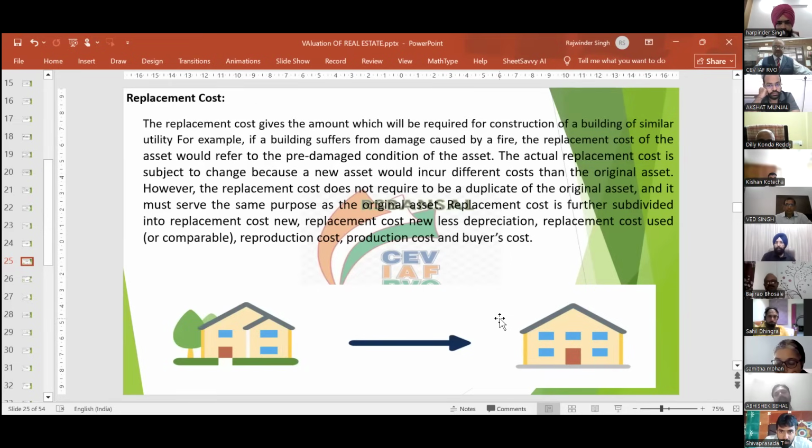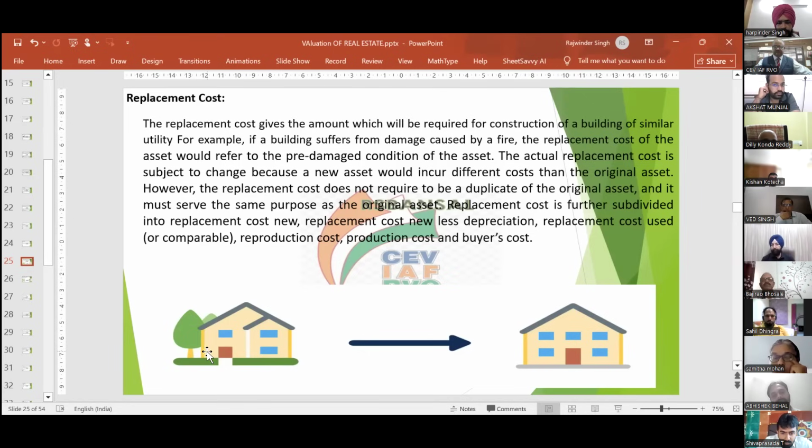Replacement means the usefulness of the asset will remain the same. See here, the area and other things are the same, but it has a door on this side and 3 windows, but it has 5 windows and a door.